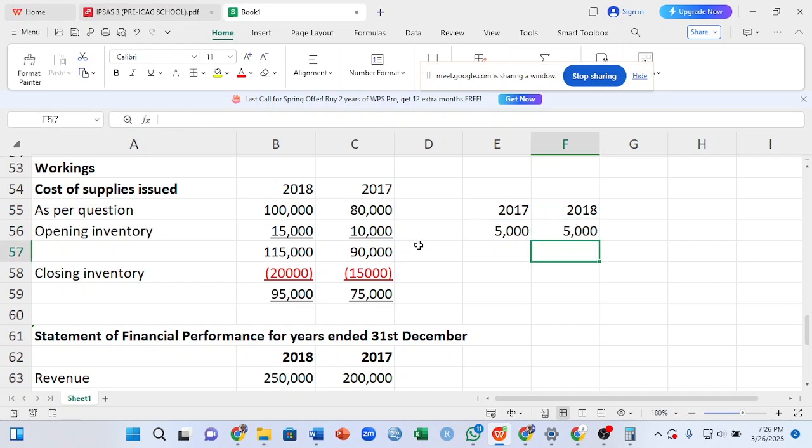But bear in mind that in the first instance, the opening inventory was less than the closing. Opening inventory was 10,000 here, closing was 15,000, so the difference gave us 5,000. So this is supposed to be a negative difference.